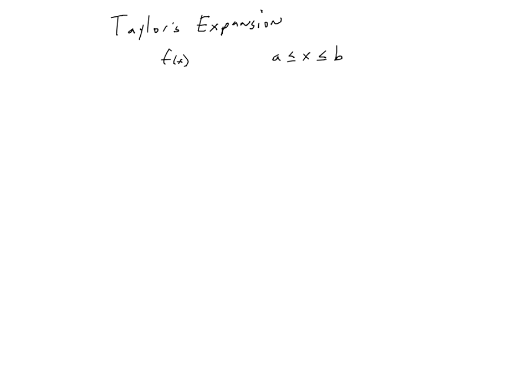And so what happens is you're going to essentially use the fact that when you integrate the nth derivative of the function, then what comes out of that is going to be the n minus 1 derivative, and then you're going to evaluate it between a and x, or whatever your limits are.